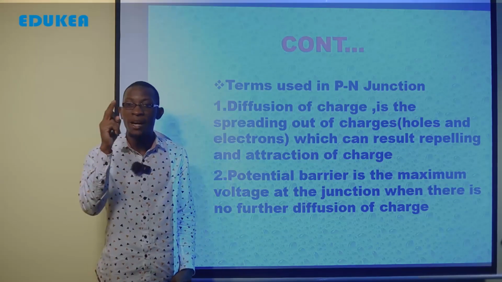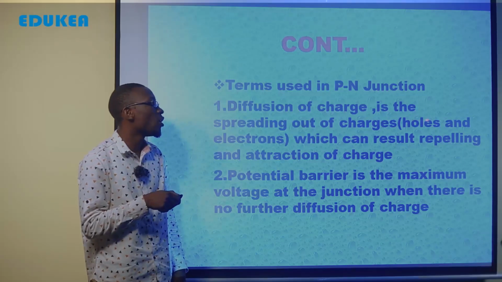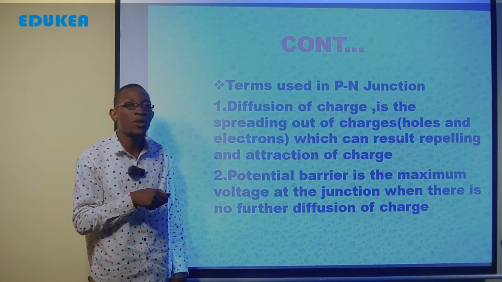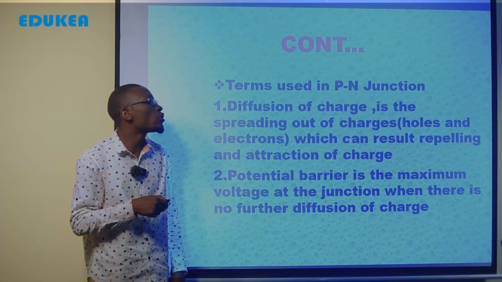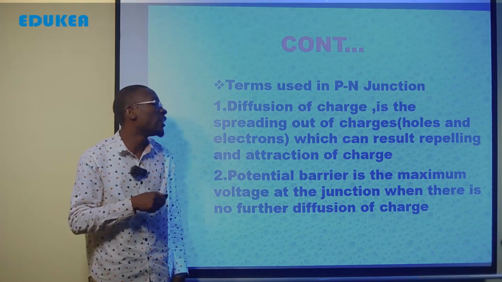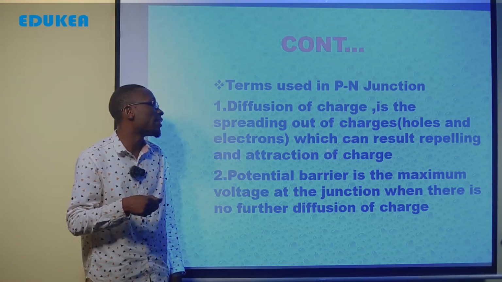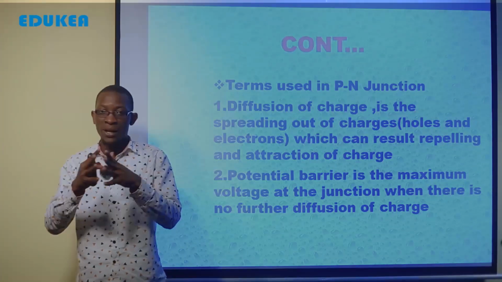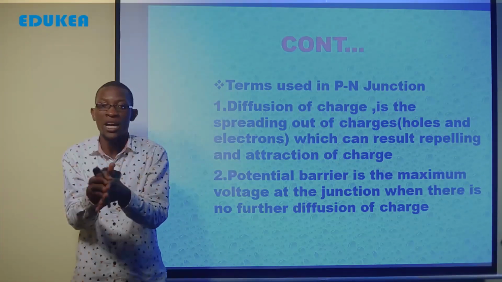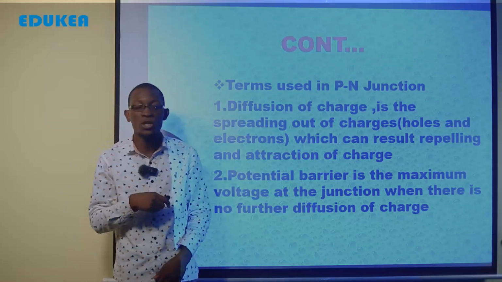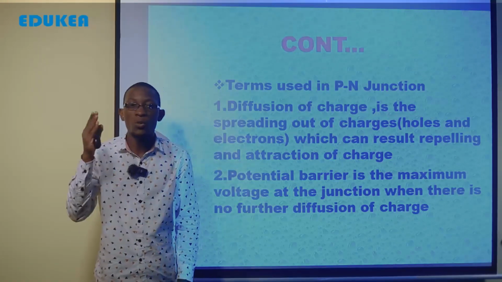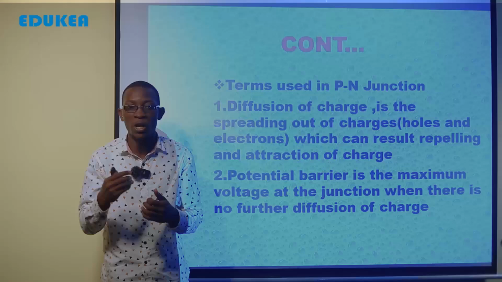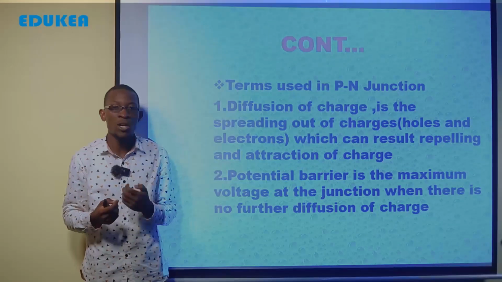Kwa charges, holes and electrons, kwamba positive and negative charge, ambapo inapelekea repelling and attraction of charge. That is what we call diffusion of charge: spreading of charge which will result in the repelling and the attraction of charge.